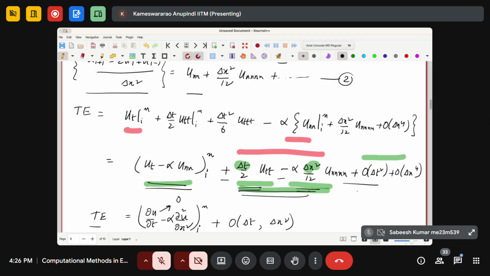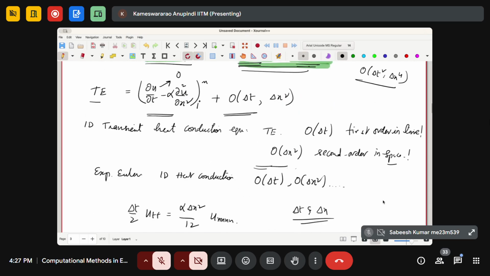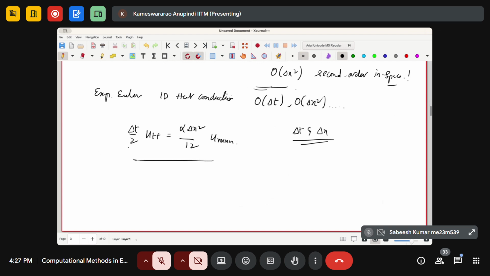Then my leading truncation error would be order delta t square and order delta x power 4, in which case I'm happy because my scheme, although it is explicit Euler, which is first order in time and second order in space, has become second order in time and fourth order in space. Okay, so that is kind of nice. But then how do you do this? That means I can look at what is UTT.